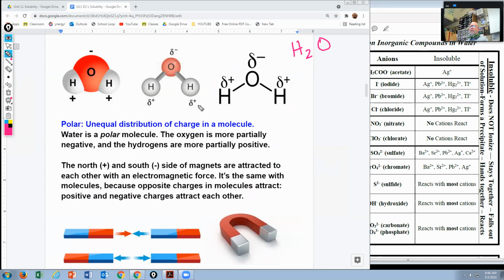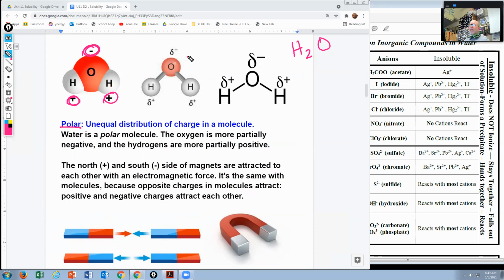What's so special about that, ladies and gentlemen, is that the oxygen holds a negative charge, and the hydrogens hold on to positive charges. This makes water what's called a polar molecule, which means that there's an unequal distribution of electrons. The idea is that different parts of the water molecule are positive and negative.